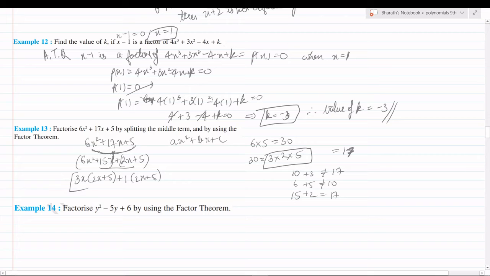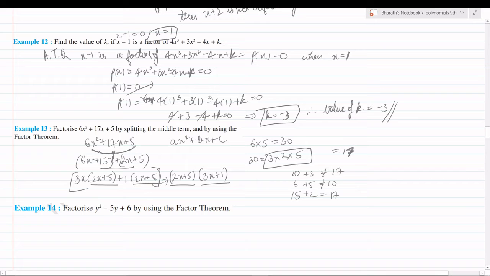So in this whole thing, we find 2x plus 5 and 2x plus 5 as common. Take 2x plus 5 out as common. We are left with 3x plus 1. So this is the final result after factorizing.